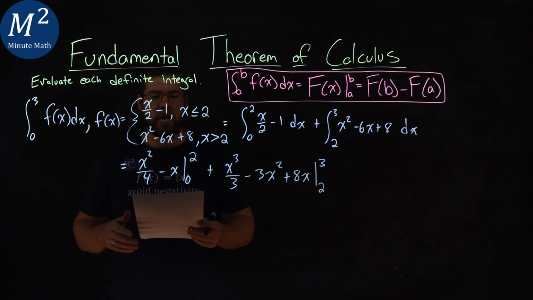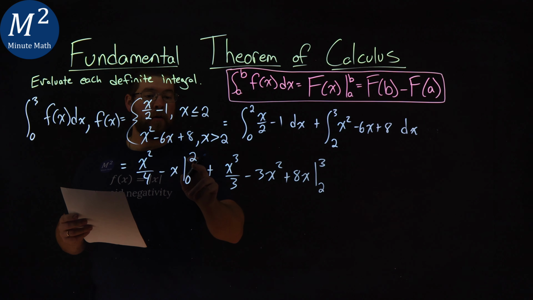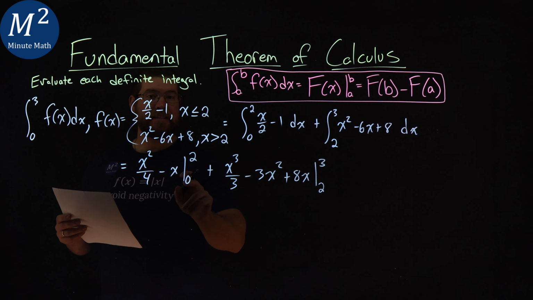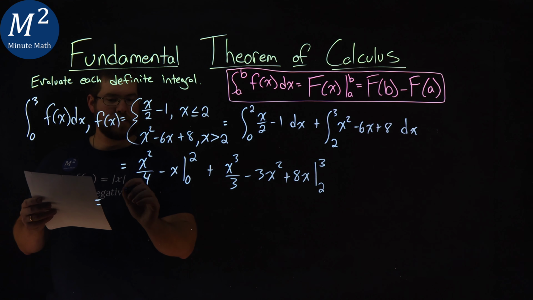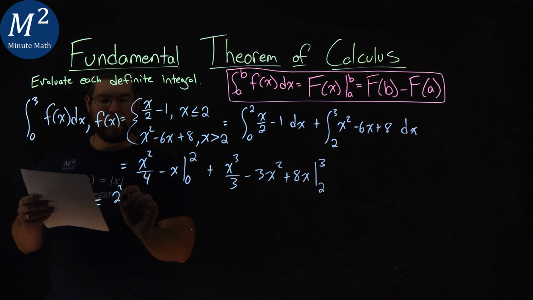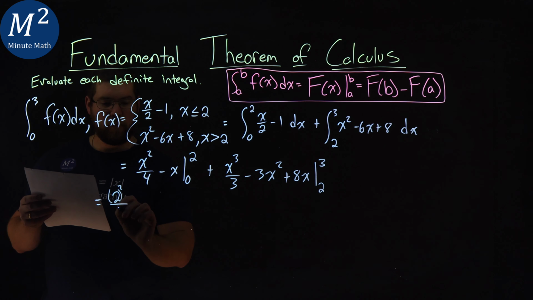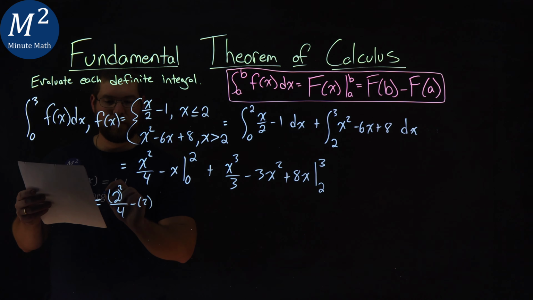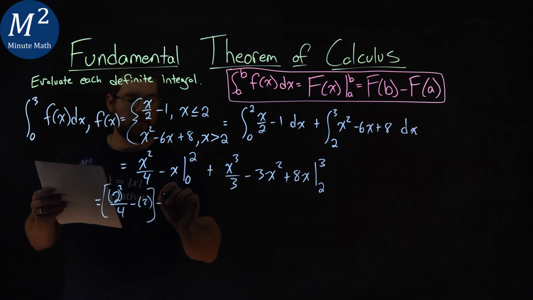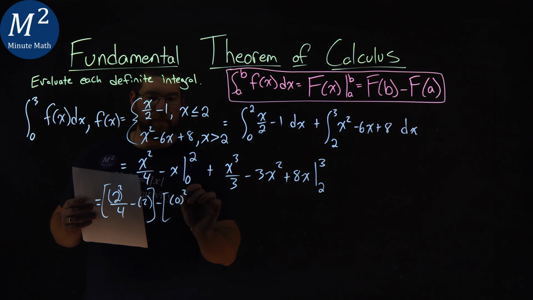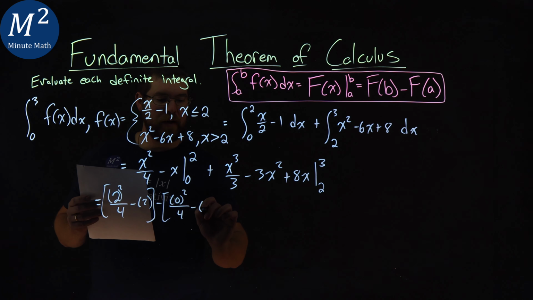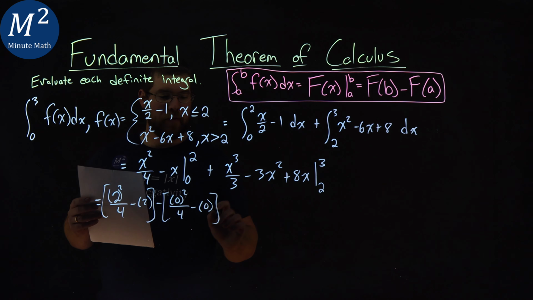Then from here, we want to plug in our values, using our Fundamental Theorem of Calculus. We plug 2 in for x, and we have 2 squared over 4 minus 2. Subtract, same thing, we plug 0 in, so we have 0 squared over 4 minus 0.